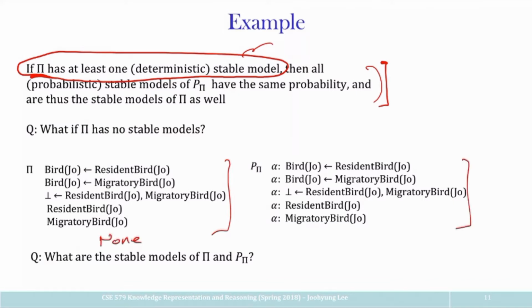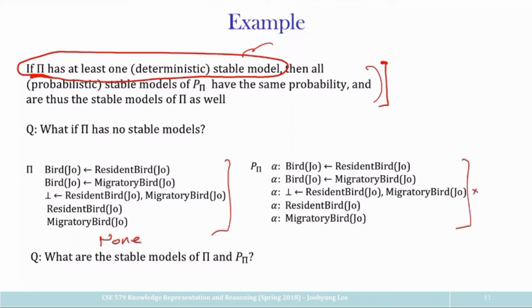What about stable models here? Do you recall? How many stable models were there? There were 3.